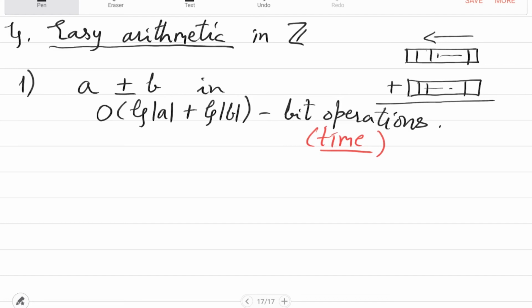So all that overhead is there, which we are not mentioning here, but it's only constant. Okay, so this is why it is fair to say that the time complexity is big O of log A plus log B.